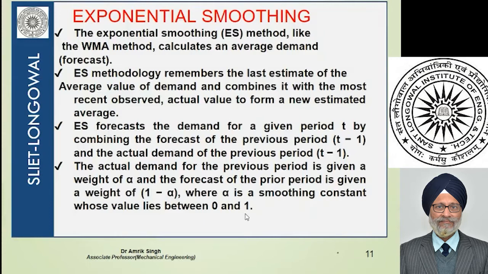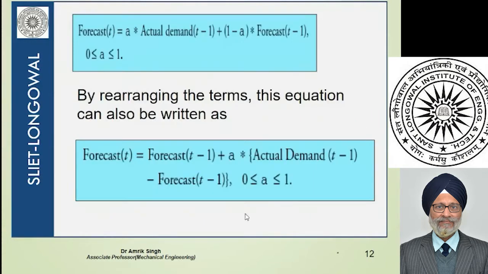So let us try to see one example. The forecast for period T will be A, that is alpha, times the actual demand for T minus 1, plus 1 minus A times the forecast for T minus 1. Suppose we are in the month of May now and we want the forecast for the month of June.